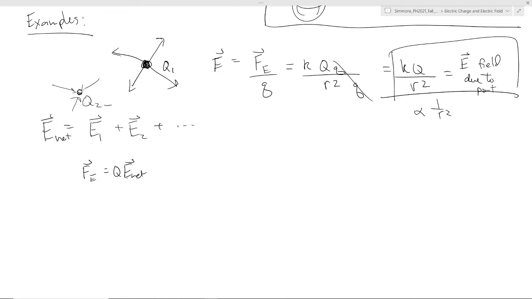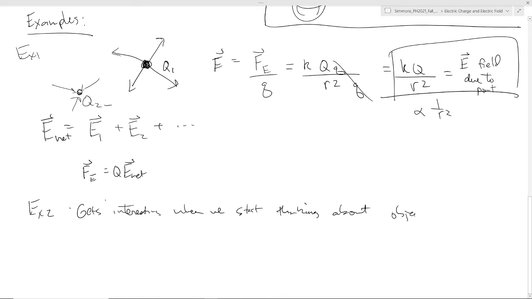Now, where this gets interesting is when we start thinking about objects, things that have size. We'll work through an example or two.